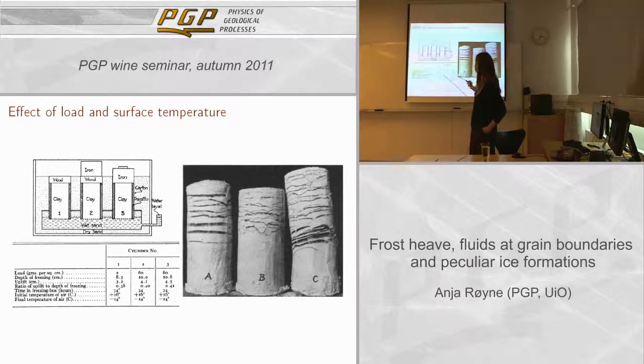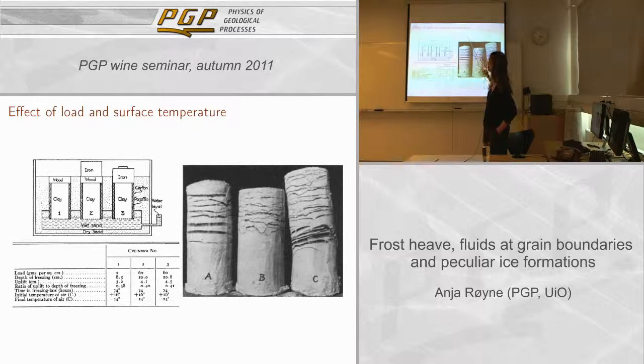So here's one experiment, and I'll just show you the kind of general result first. So the general result is that you get these ice lenses growing horizontally. And so he recorded the depth of freezing, so that's how far down there was any ice present.